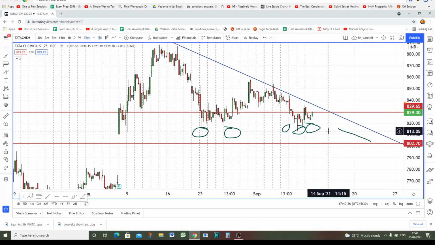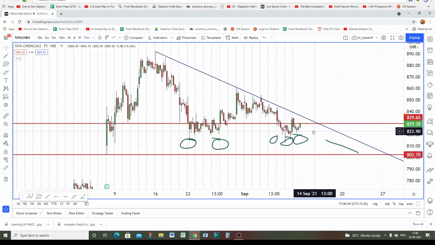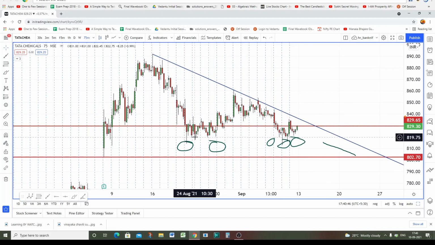In this case I view that sometimes it may move down to these levels of around 802 also, but the high probability is that as it moved upward from the levels of 818 or 816, I strongly observe that this stock cannot show much interest in moving below this value of 810.